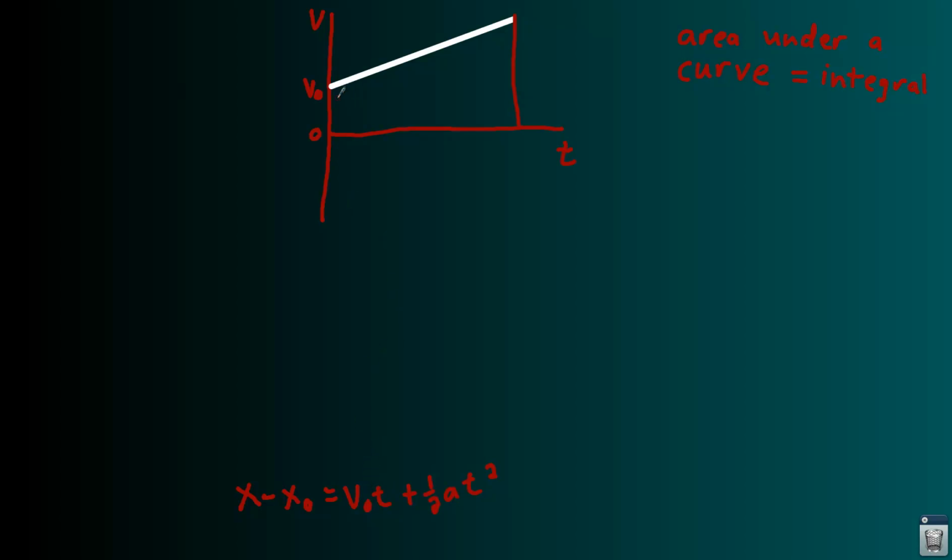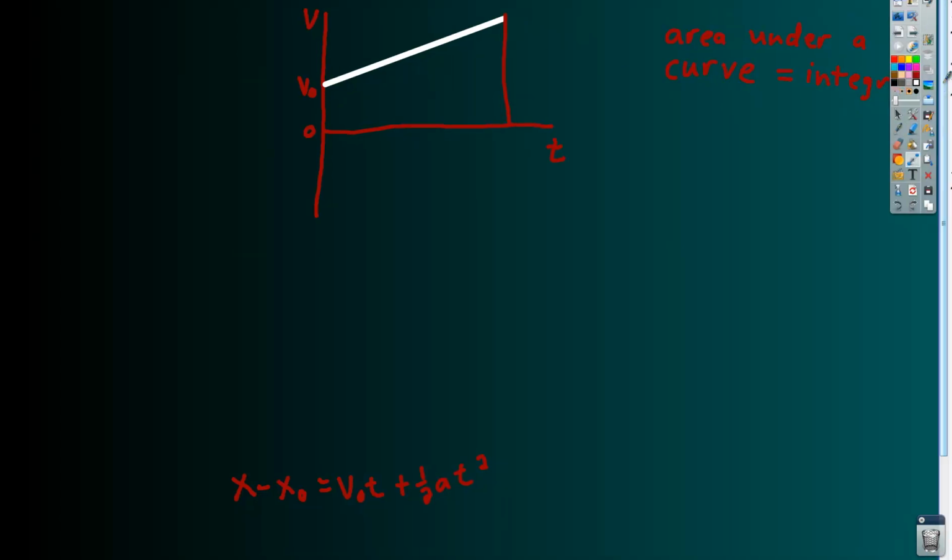So let's find areas. The area under this curve, we can use simple geometry, right? We can break it into two pieces. Let's use yellow. Let's break this graph up into two segments.